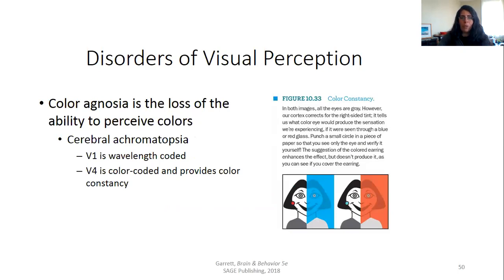Color agnosia, or cerebral achromatopsia, is the loss of the ability to perceive colors, and it is commonly the result of damage to area V4. What I think is fascinating and don't know enough information about is that even people who have damage to area V4 can still dream in color, if they've had the experience of seeing color.